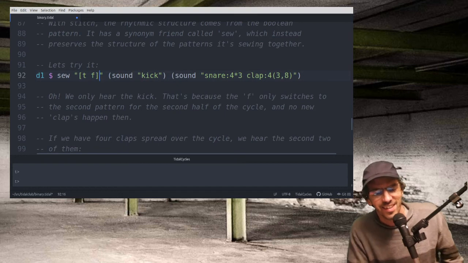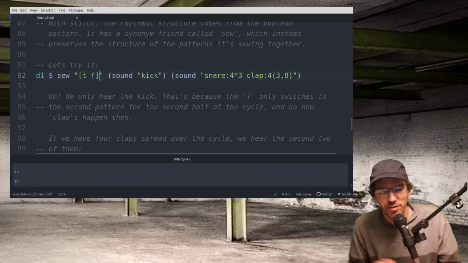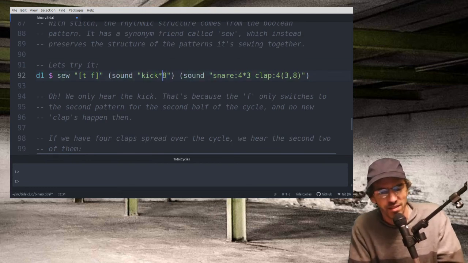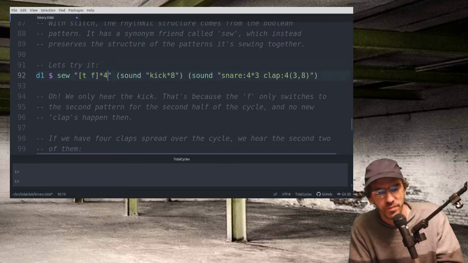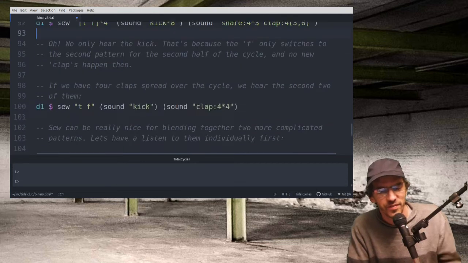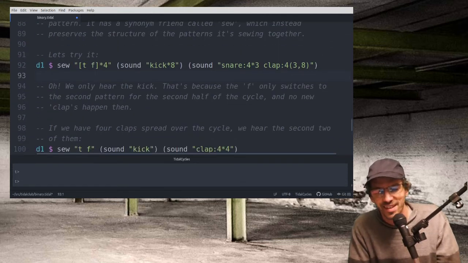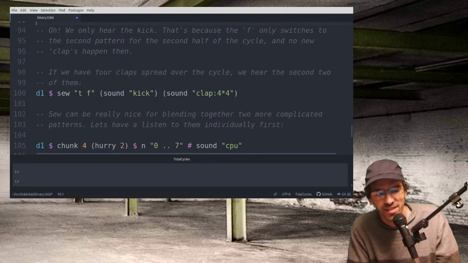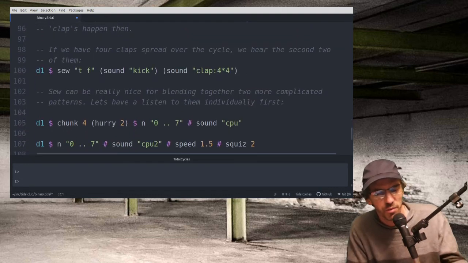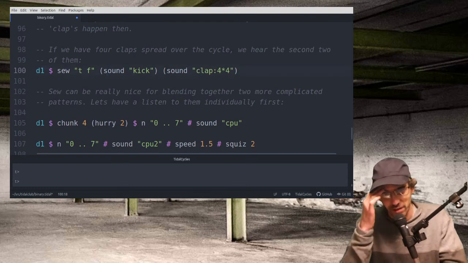So you can manipulate the sew to switch between the two patterns, but you don't hear anything unless there's actually something there. Let's try this. It gets a bit confusing because you've got to think about the structure of this and the structure of this to get what you want, or you can just play around with it until you hear something you like.